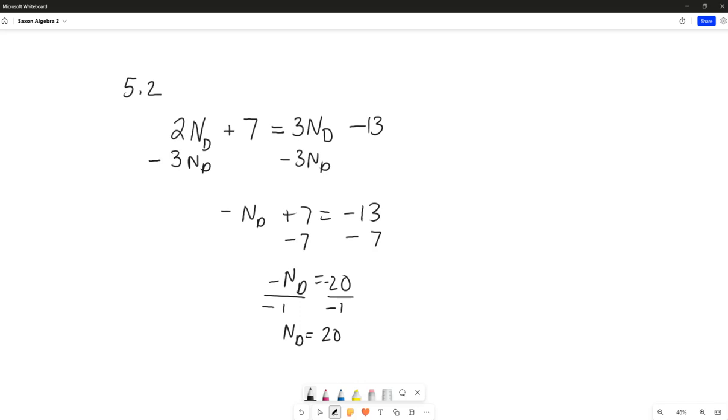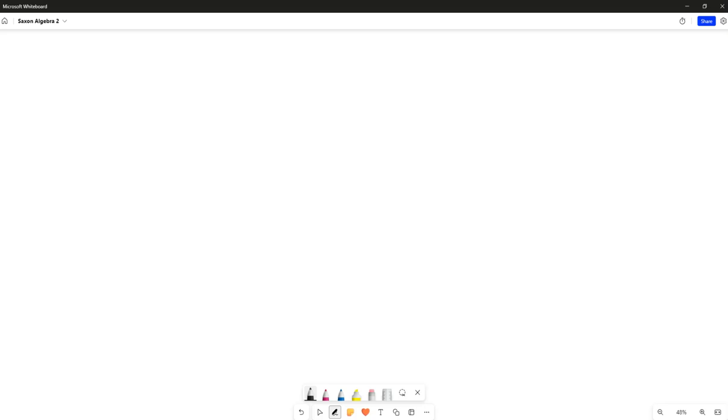All right, let's look at 5.3. The sum of negative 7 and 6 times a number is multiplied by 5. Okay, so we're going to multiply that by 5.